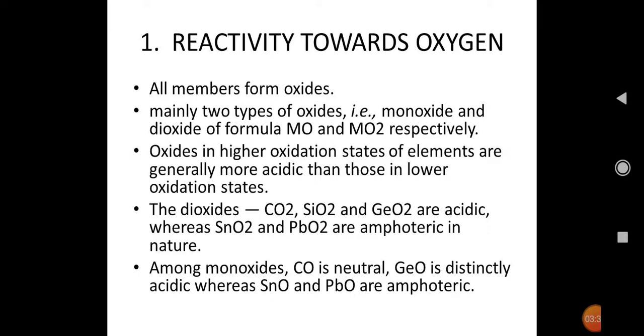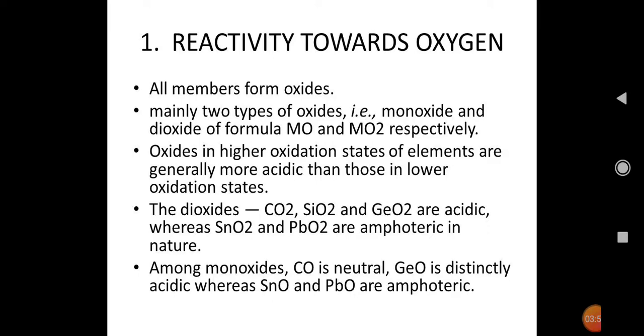For example, carbon reacts with oxygen to produce carbon monoxide as well as carbon dioxide. The oxides in higher oxidation state are more acidic than those in lower oxidation states. The best examples are carbon dioxide, silicon dioxide, and germanium dioxide, which are completely acidic in nature.